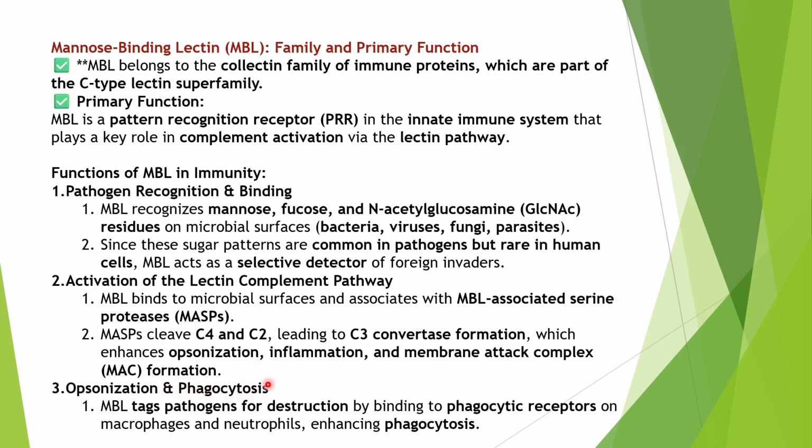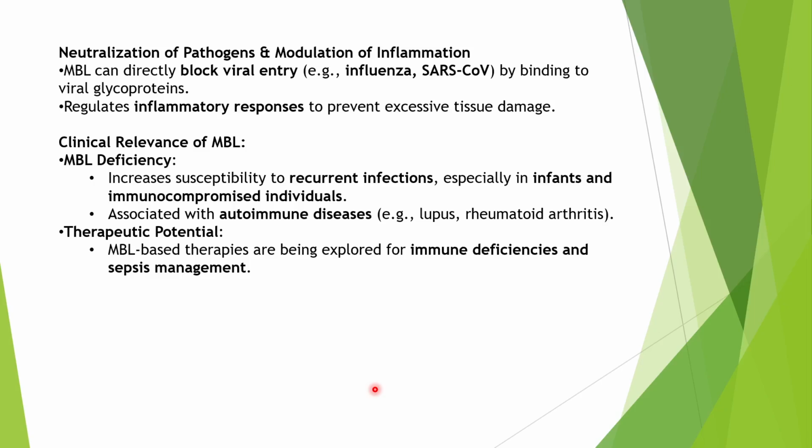The membrane attack complex consists of several complement proteins like C5b, C6, C7, etc. So opsonization and phagocytosis: MBL tags pathogens for destruction by binding to the phagocytic receptors on the macrophages and neutrophils, enhancing phagocytosis. So eventually phagocytosis will eliminate or destroy these pathogens.